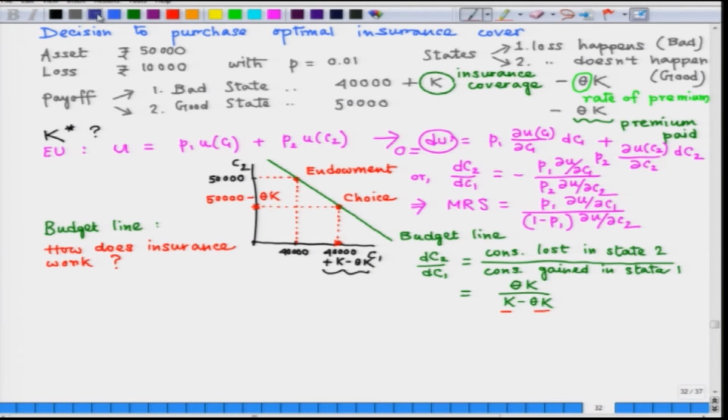So, now we can say at equilibrium this MRS, which is P1 over du C1... So, we can write a simplified value of the slope of the budget line, absolute slope of the budget line, and that is going to be theta divided by 1 over theta, because k cancels out.